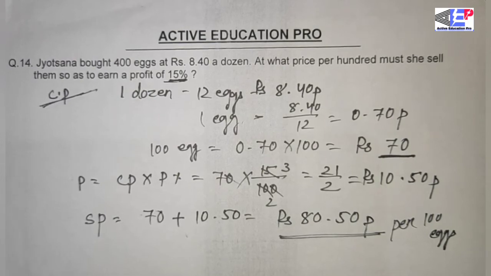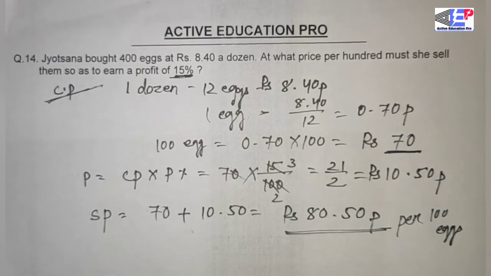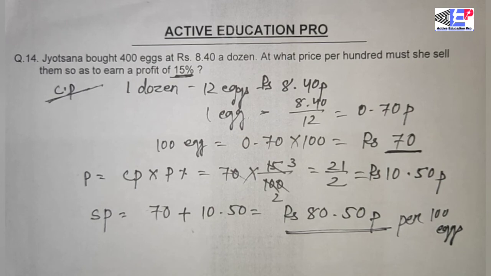Be careful about the amount of product. Here the selling price of 100 eggs means the product number is 100. The product amount is fixed at the time of costing and at the time of selling. You should maintain an equal amount of the product: the cost price of 100 eggs and the selling price of 100 eggs.